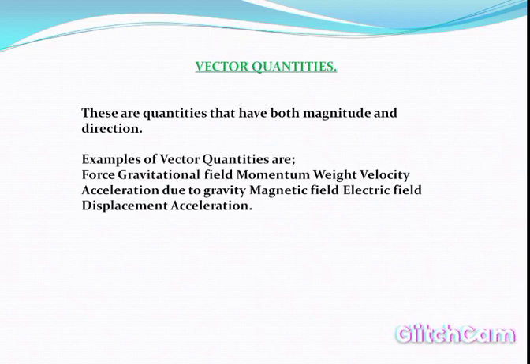Examples of vector quantities are force, gravitational field, momentum, weight, velocity, acceleration and acceleration due to gravity, magnetic field strength, electric field strength, displacement, and acceleration, among others.